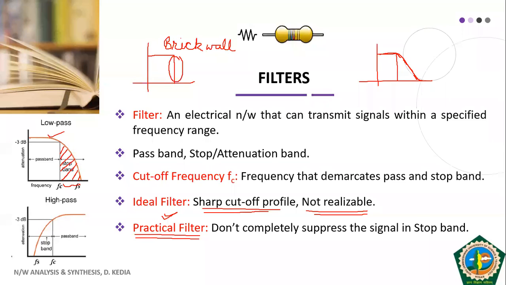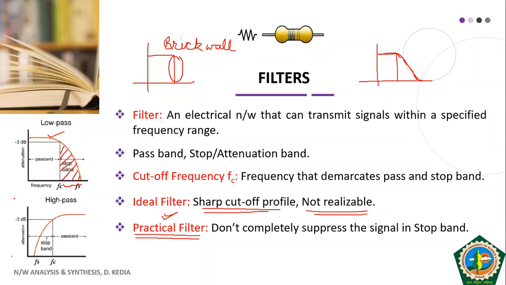Okay, this range of frequencies are also passed, though the amplitude of these frequencies is cut by the filter, or you can say attenuated. Those frequencies are attenuated, but they do appear at the output.